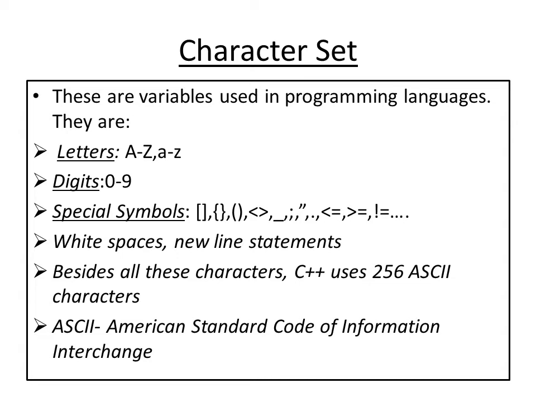White spaces are the spaces between two statements or spaces between two words. That's what they mean by white spaces or blank spaces. New line statements are statements to be in the next line in the list format.